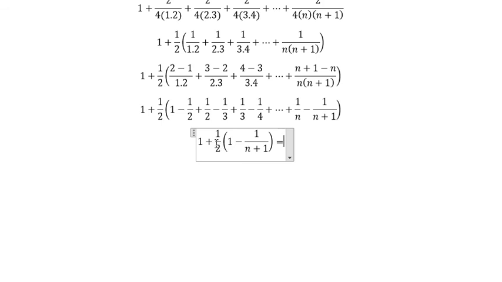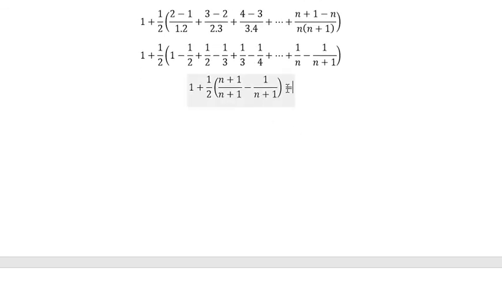We have 1 over 2, and n plus 1, so we get (n plus 1 minus 1) over n plus 1. They have a common denominator, so n plus 1 minus 1 gives n.